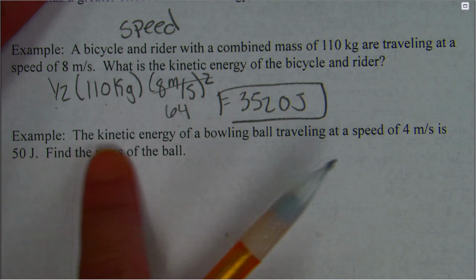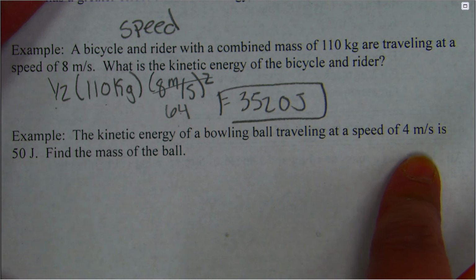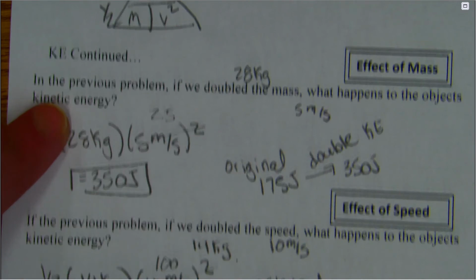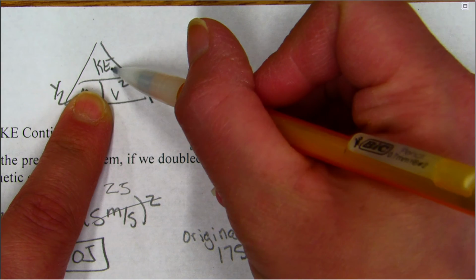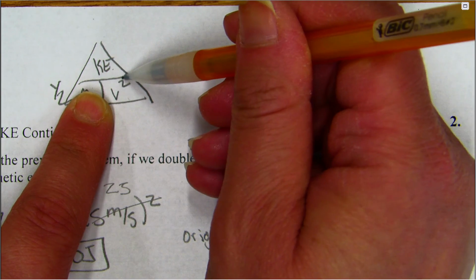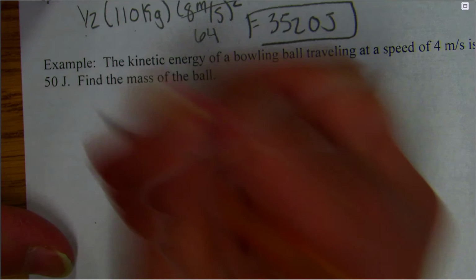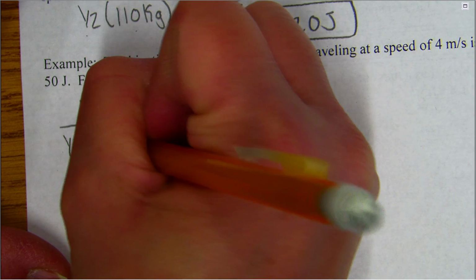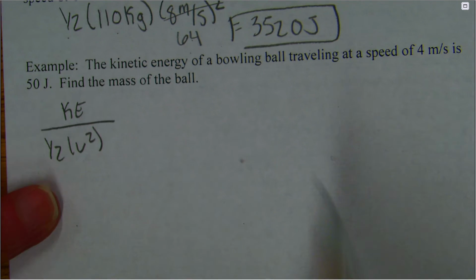This example says the kinetic energy of a bowling ball traveling at a speed of 4 meters per second is 50 joules. Find the mass of the ball. So here's mass. I'm going to cover it up. So I'm going to do kinetic energy divided by 1/2 times velocity, which is squared. My kinetic energy is 50 joules.